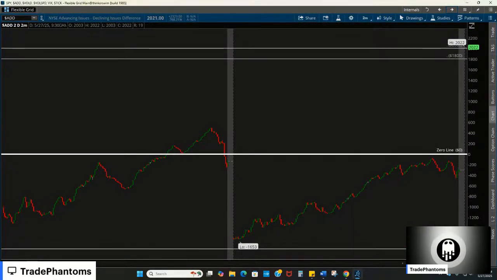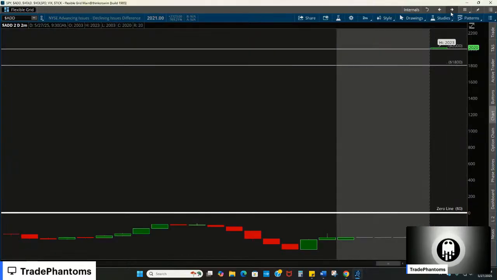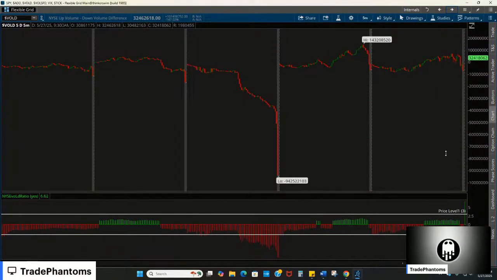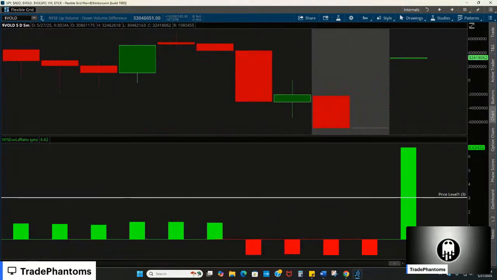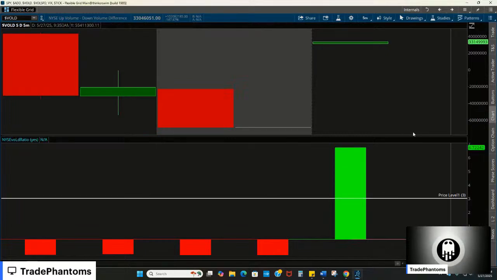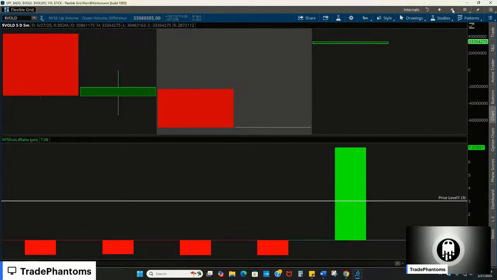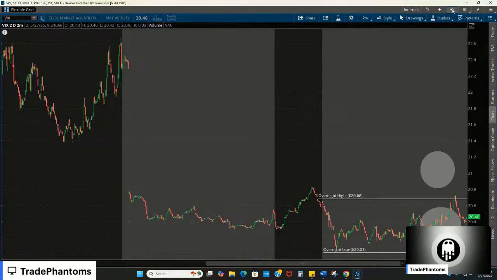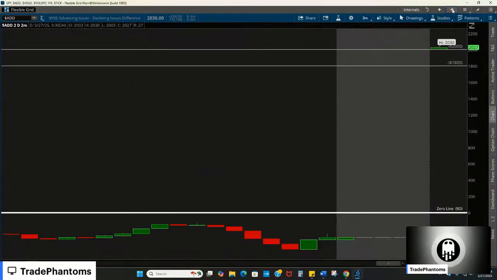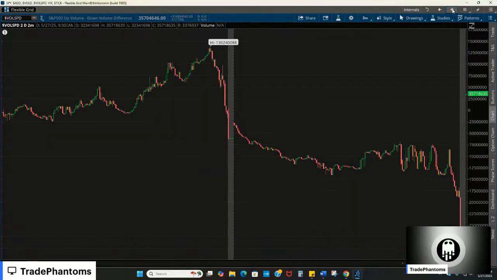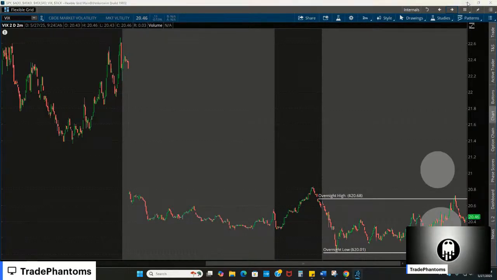Advance-declines positive 2,000. That's extreme. See if that holds. The ratio is up 6. Extreme would be positive or negative 3, so that's extreme. We need to see VIX kind of pop down a little bit there, but for right now, it's subdued.